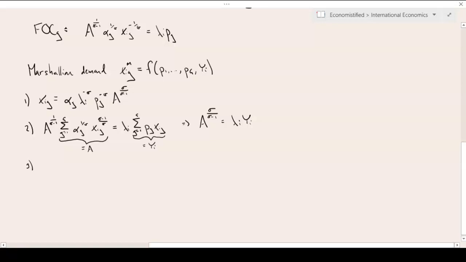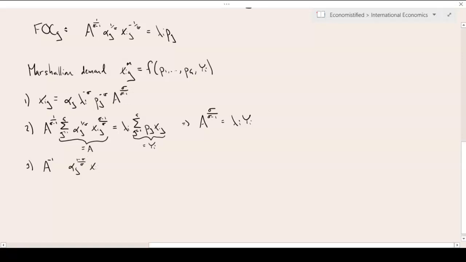in which I'm going to take our first order condition again, and raise everything to the power of 1 minus sigma. So if I take A to the power of 1 over sigma minus 1, raise that to the power of 1 minus sigma, I just get A to the minus 1. Alpha G, I get to the power of 1 minus sigma over sigma.